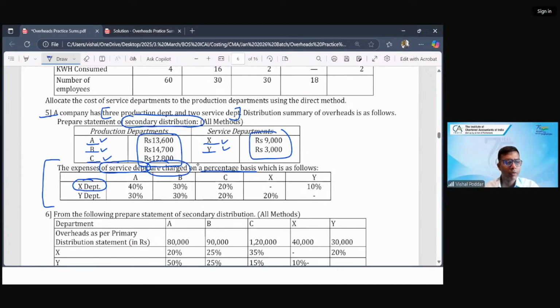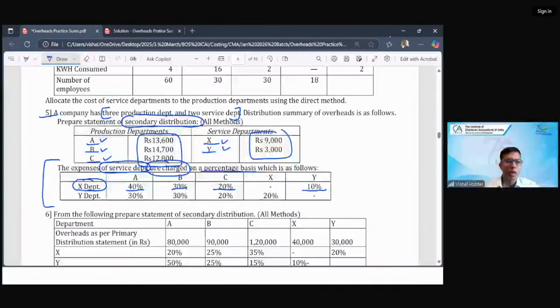So what they have given, X is giving 40% of its service to A, 30% to B, 20% to C, and 10% to Y. Now, once you see that X is giving some service to Y, correct? So you understand that it is not definitely the direct method. Why? Because one is giving to another.